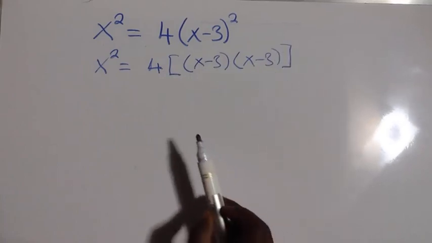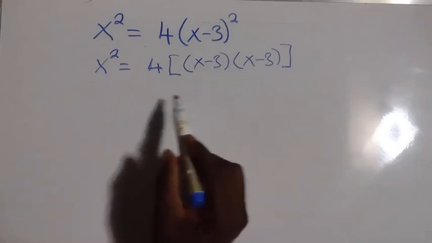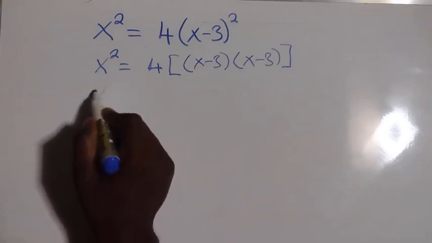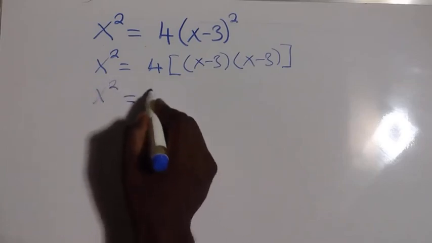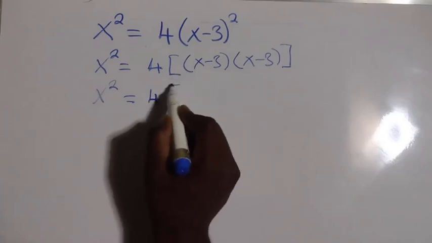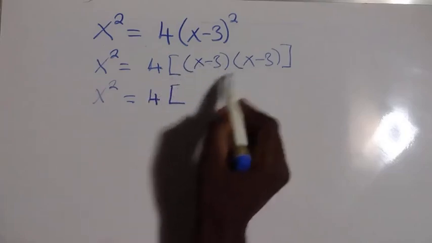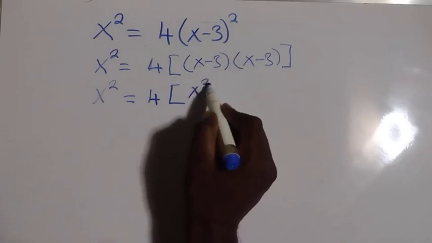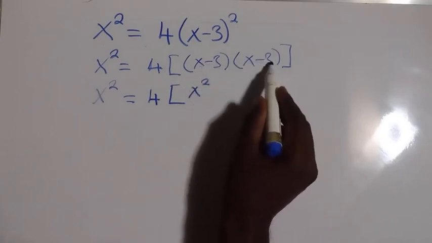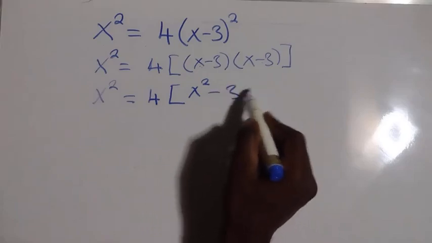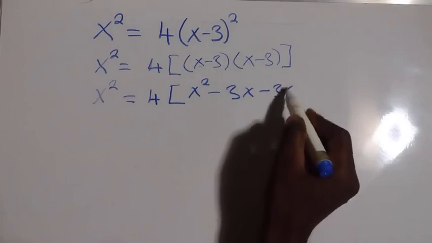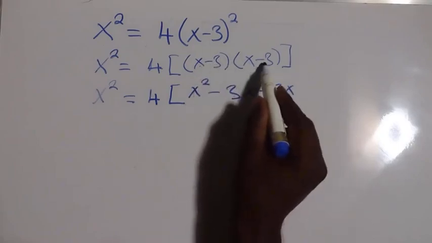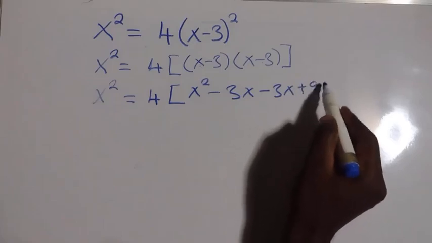Okay, so why are we doing this? We need to expand. So what are we going to have? We have x squared equal to 4, then we are going to have x times x to give us x squared, then x times negative 3 to give us negative 3x, then negative 3 times x, negative 3x, negative 3 times negative 3 to give us positive 9.